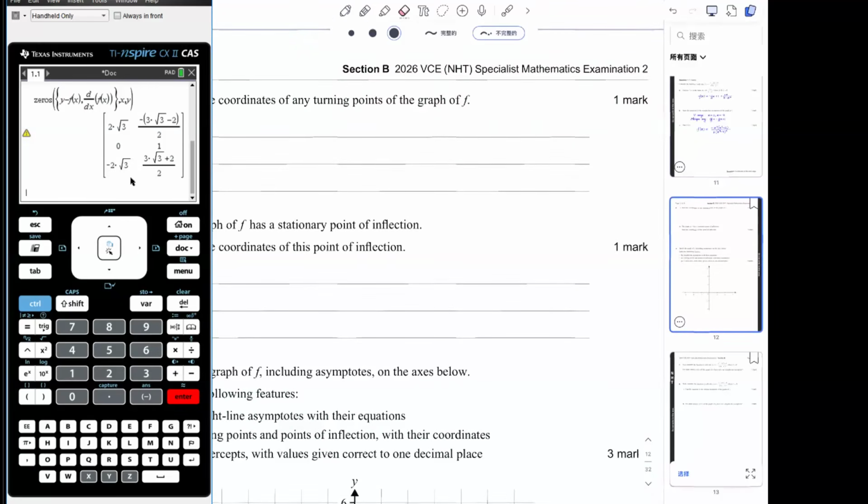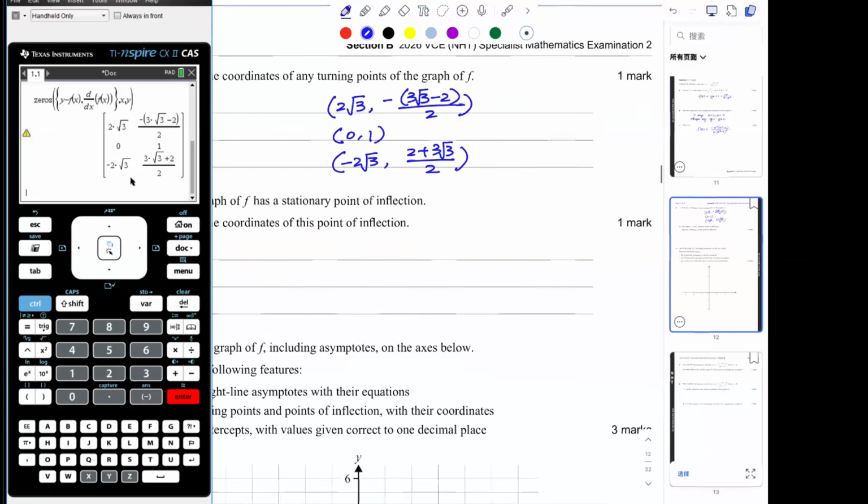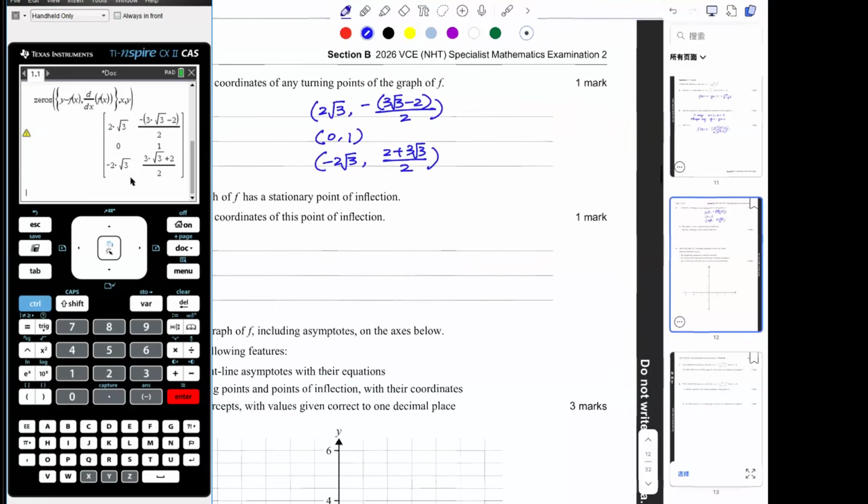The first one will be 2 square root of 3, minus bracket 3 root 3 minus 2 in the bracket divided by 2, 0, 1, and also negative root 3, 2 plus 3 root 3 divided by 2. I suppose that's the 3 exact pairs of our coordinates.